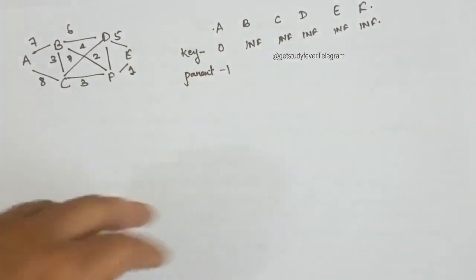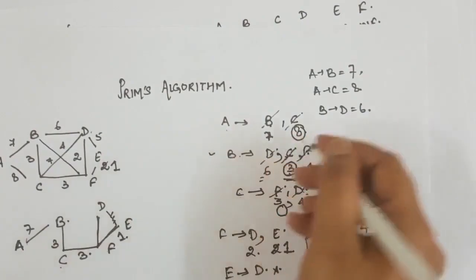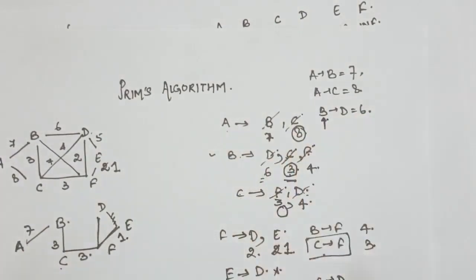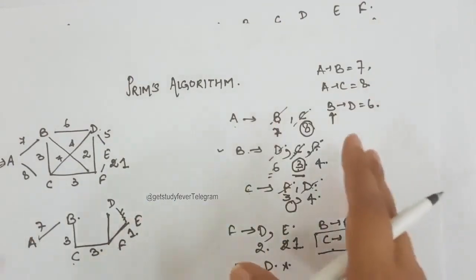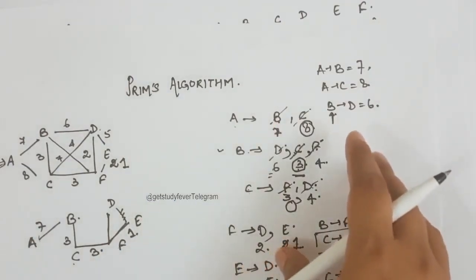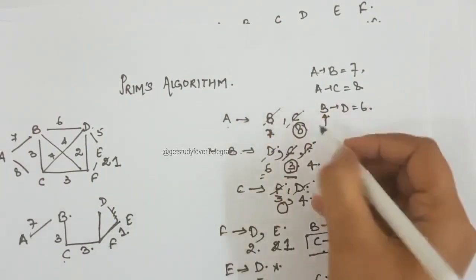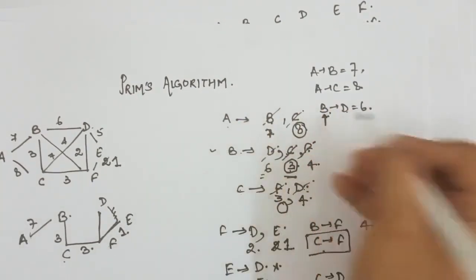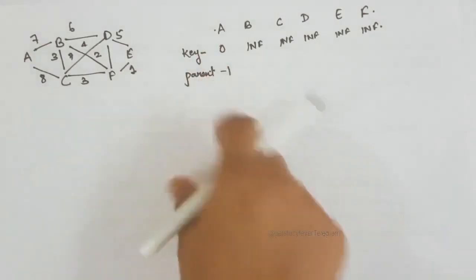Key is keeping this value 6, and parent is keeping the node that is the parent of this particular node, B or C. It is nothing but the node adjacent to that particular node. In this case, initially the parent of D was B. So here we have a key array and a parent array.